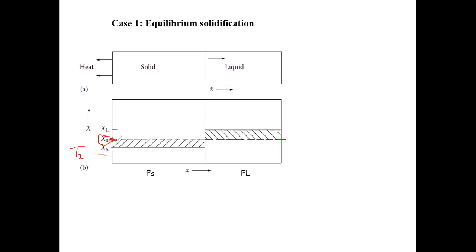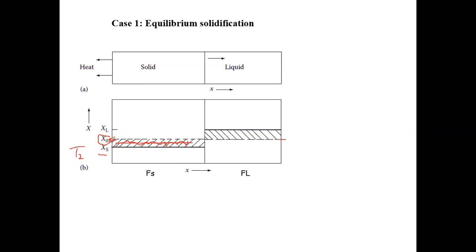Now I ask you to focus on the shaded area. This shaded area in the solid tells you, at this particular temperature, how much solute has been repelled into the liquid. Does this make sense to everyone?